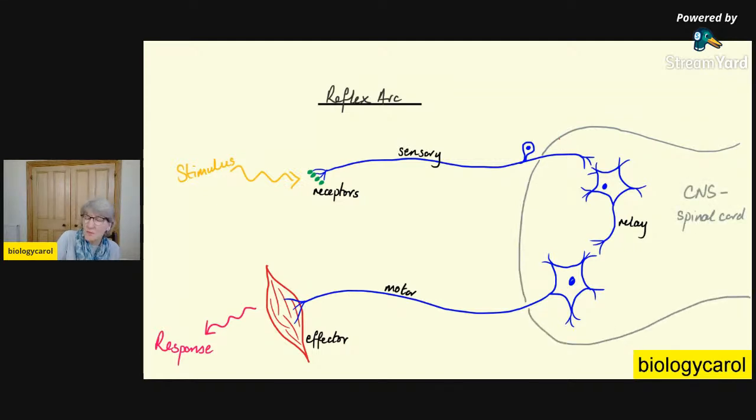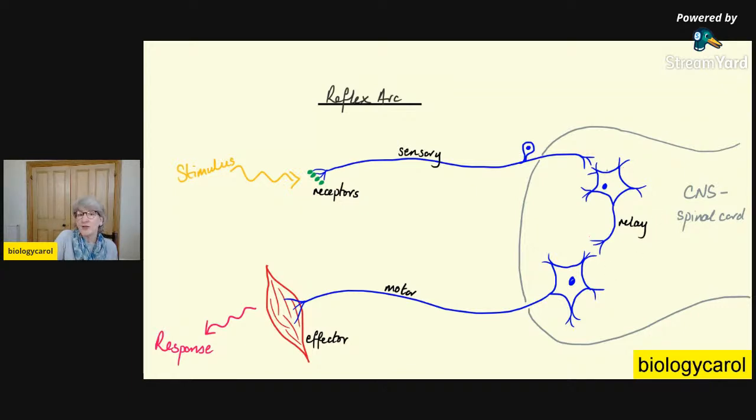And here is where the CNS is. Now, I've just drawn the spinal cord here because I am drawing a reflex arc, but it shows you the position of the cell bodies in context with the central nervous system. The cell body of the sensory neuron is just on the outside of the CNS.